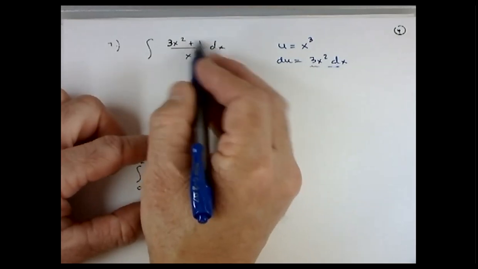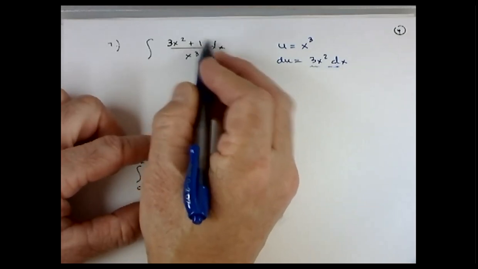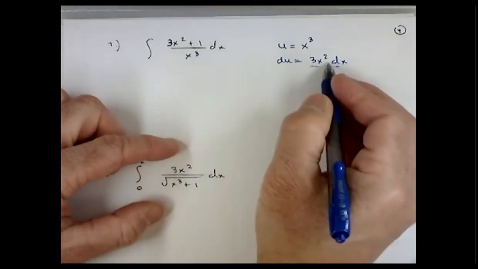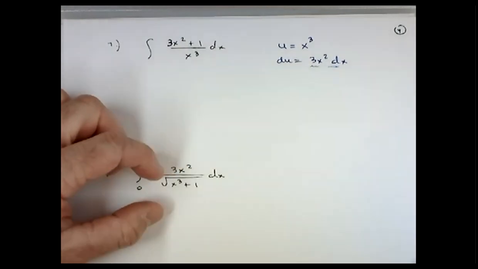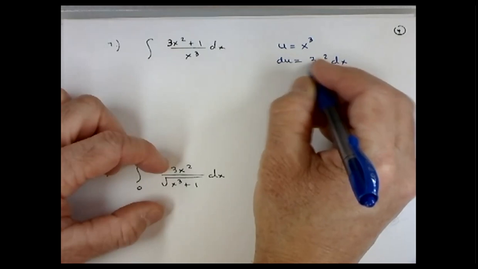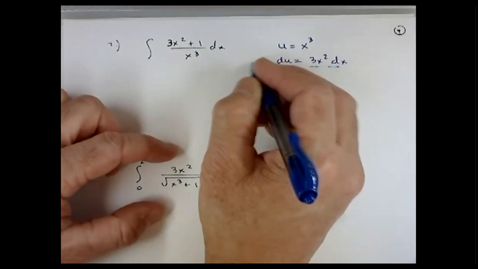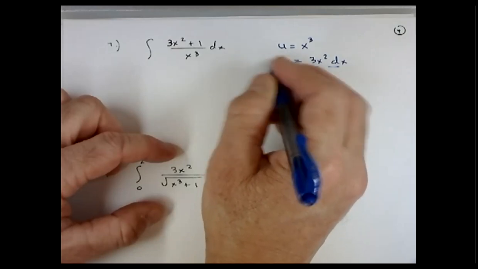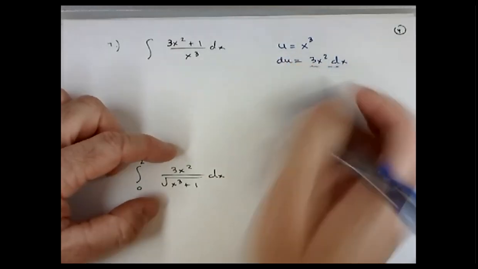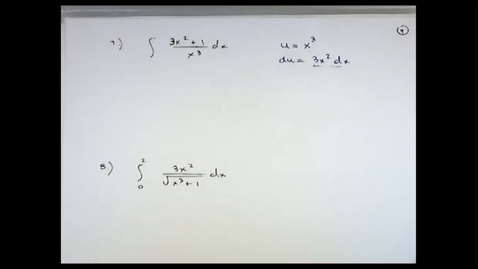But what's the problem? I've got this plus 1, right? And remember the wishing thing? To be clear on the wishing thing, you can only wish for a multiple. You can only put a constant times. You can't wish for a plus 1 and then put a plus 1 over here, okay? So we can't add constants.